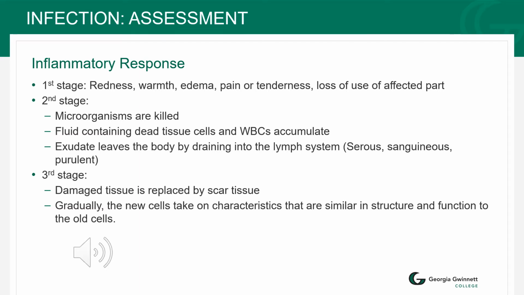Sanguinous has more of the white blood cells in it, and then the purulent is when you get that pus involved. Your third stage of the inflammatory response is when you have scar tissue starting to form. So new cells take on different characteristics, and they're similar in structure and function to the old cells, but the damaged tissue is replaced by the scar tissue, basically.